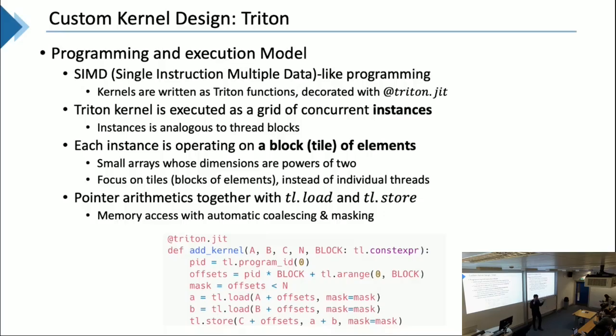The key idea here is once you get this PID, the ID of your instance, you create a list or an array of pointers, and this pointer corresponds to a block of tiles, and you apply some computation on this block of data. Every time you get this pointer, you use the tl.load and tl.store to do this computation. For example, here you got this a plus offset, which is the pointer of the data you want to manipulate. So you load this data, you do this computation, and you store it back.